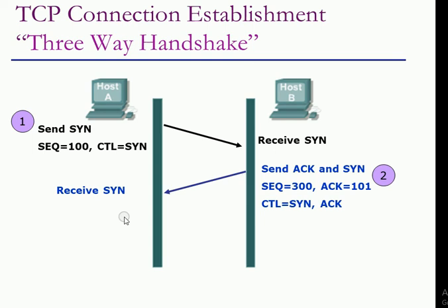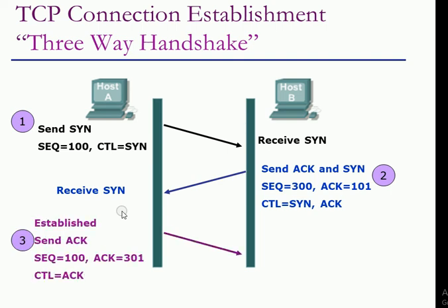Acknowledgement is 101 because 100 was sent, so the next time I will receive 101, and I am sending 300. So my acknowledgement is 301 because I have already received 300. Here my acknowledgement was 300 when I received this. Now my acknowledgement has changed, and the sequence.